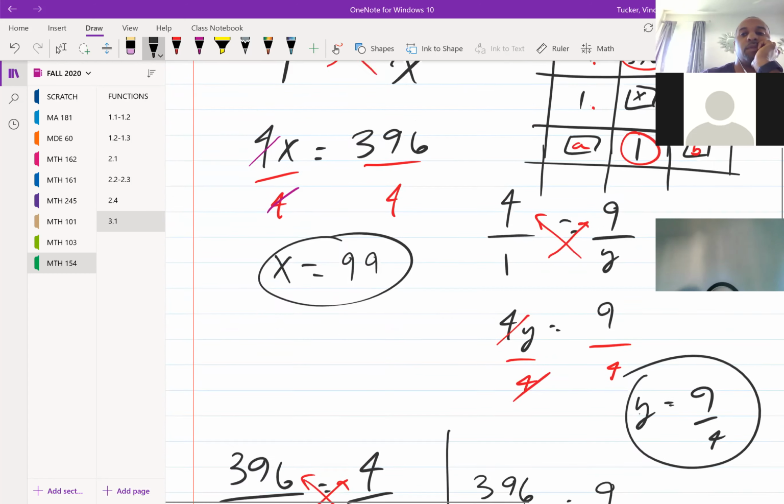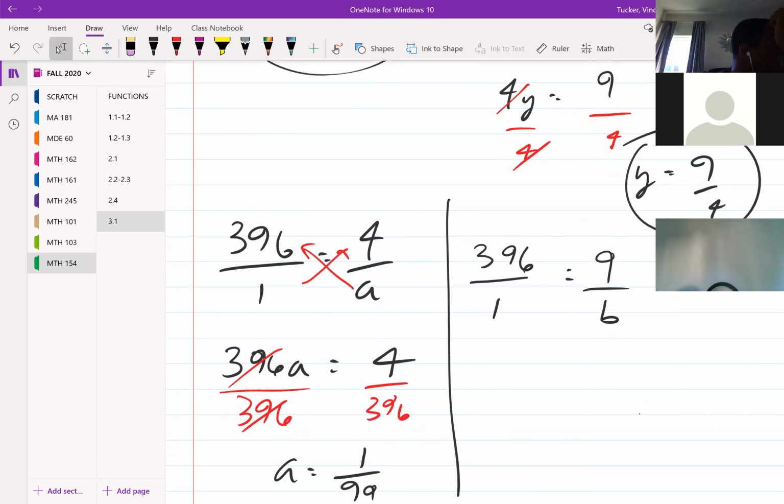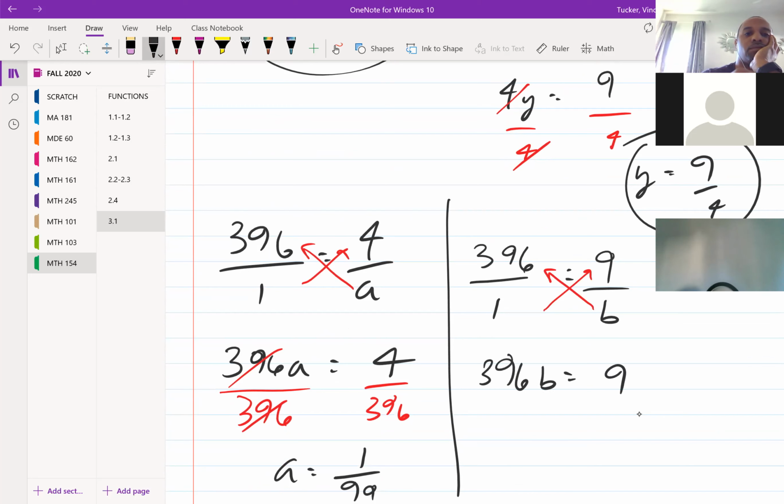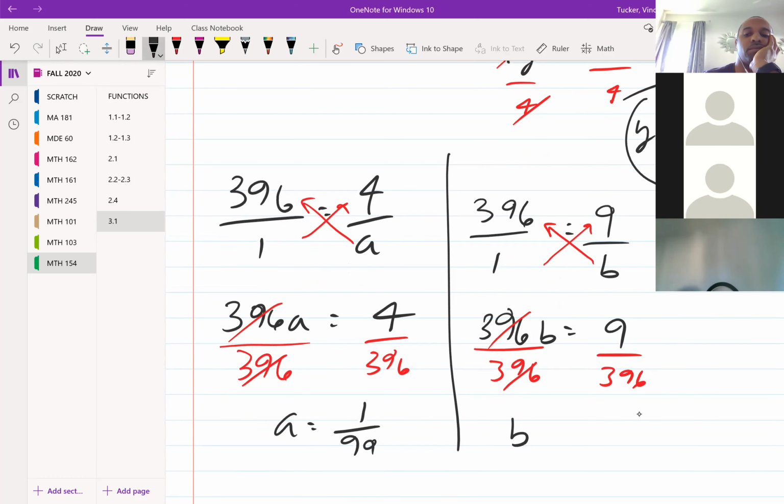Then the other one, 9 over B, still using 396 over 1 as our standard for the second row. And then cross multiplication. Divide by 396. That should be 1 over 44.